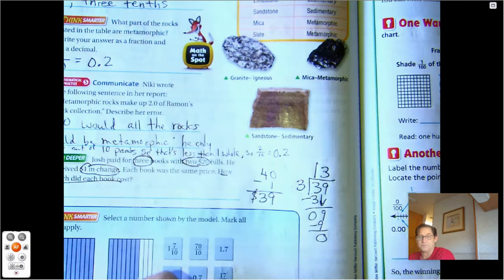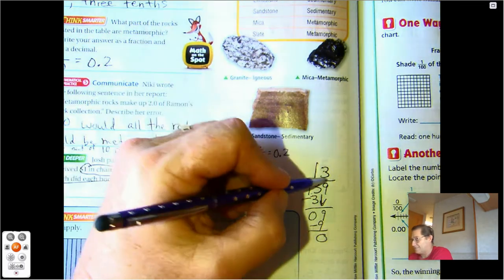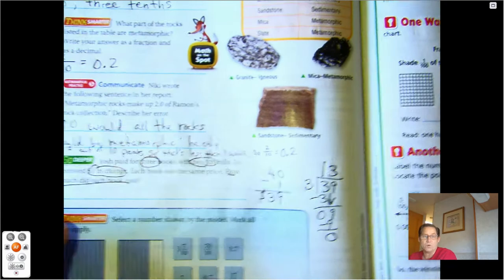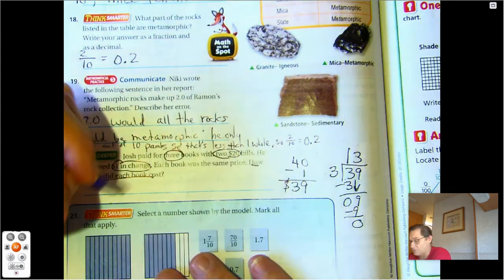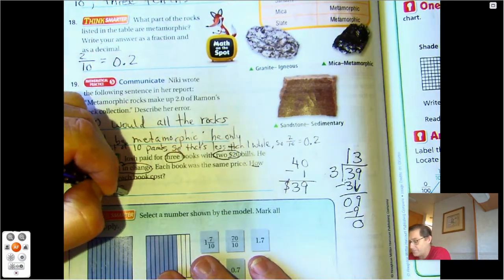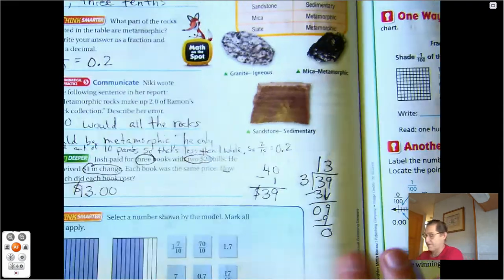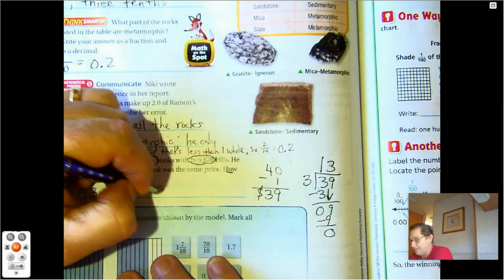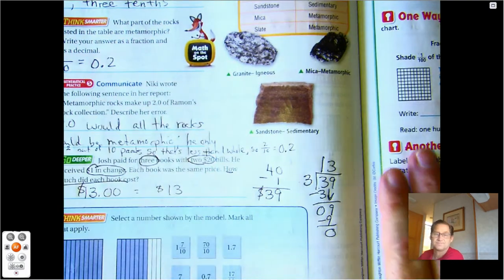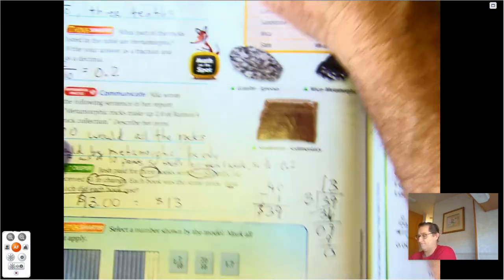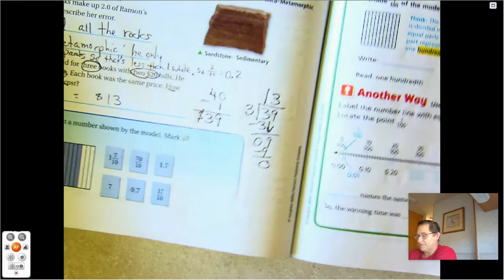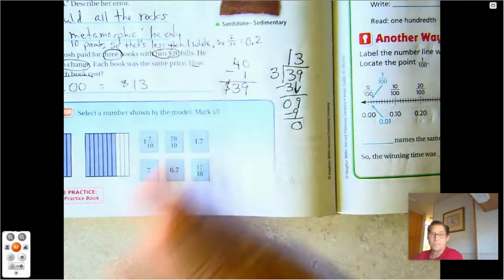That leaves me 0. So we have 13 as a whole number. It wants to know the price in dollars. So I would write $13. You could also just write 13. It didn't say write it as a decimal.